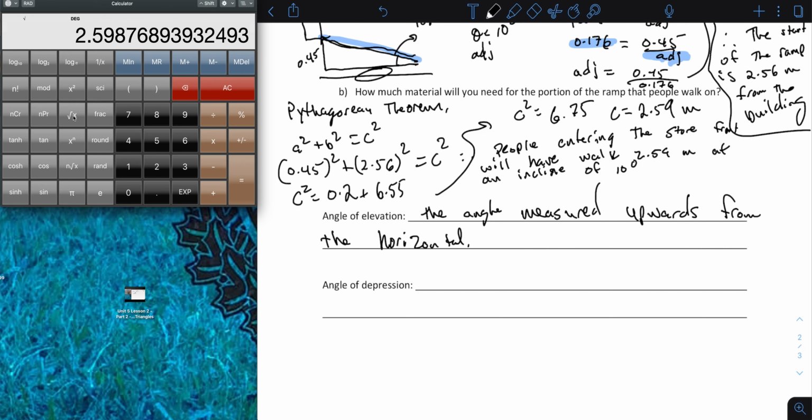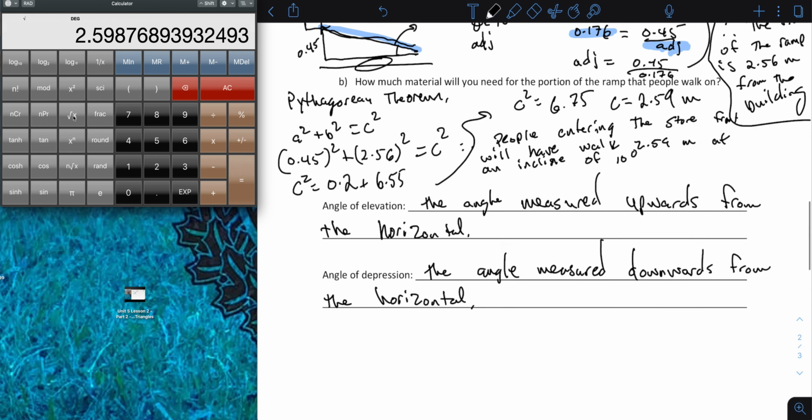I'll draw a little picture down here. And then the angle of depression is the exact opposite. So it's the angle measured downwards from the horizontal.